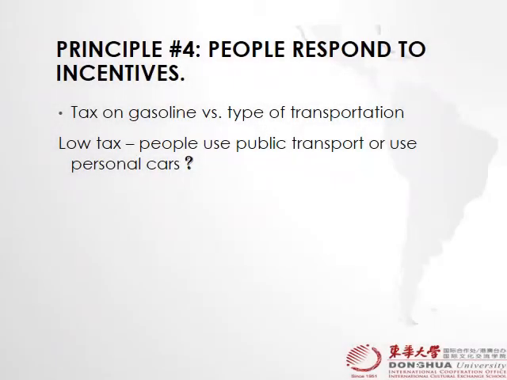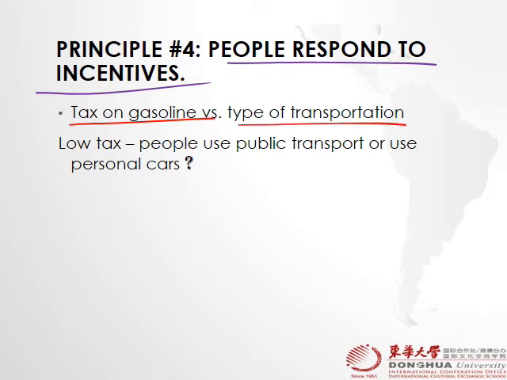Okay, let's move to our fourth principle: people respond to incentives. The famous example is the tax on gasoline versus type of transportation. What if there is a low tax on gasoline? Will people use public transport or their personal car? Definitely, when gasoline prices decrease, people want to travel with their own cars.